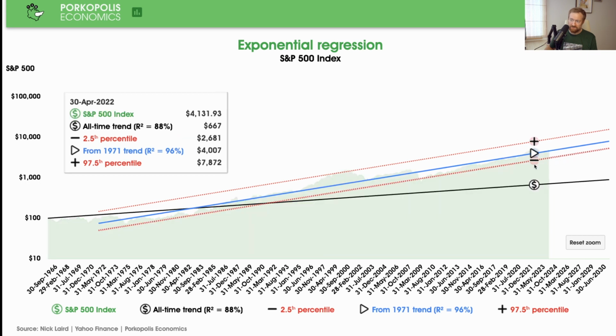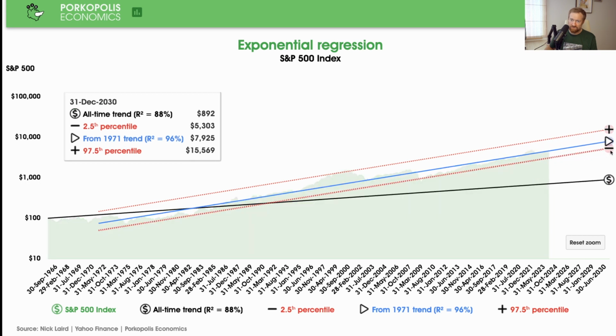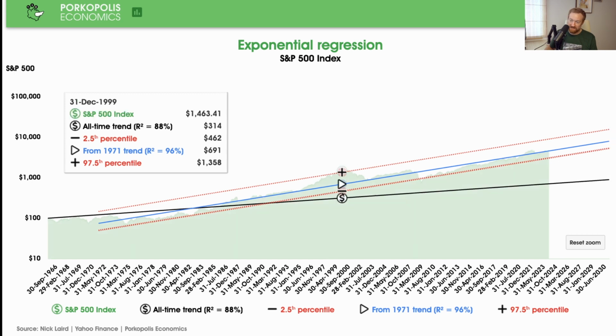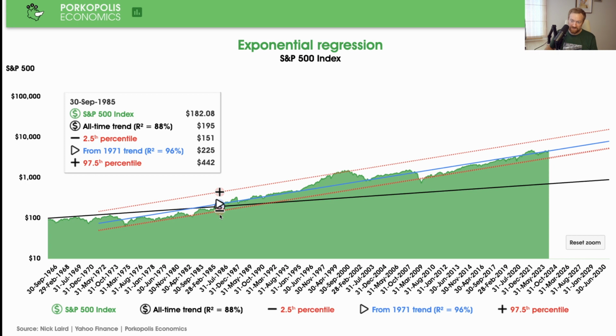And if we extrapolate that out until 2030, the 1971 trend puts us at 7,900 on the S&P. And the all-time trend, remember taking all that data all the way back to 1800, only predicts an 892 S&P value. And of course, we've been above that for 40 years.